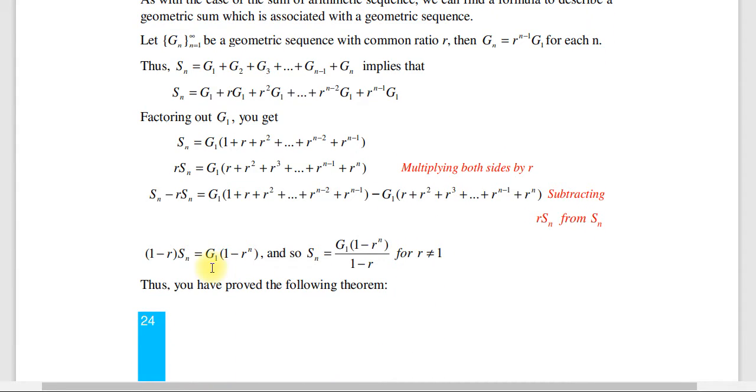So finally, we get 1 minus r times Sn, since Sn is common, Sn into 1 minus r, which is equal to G1 into 1 minus r to the power of n. And so Sn, dividing by 1 minus r, is equal to G1 into 1 minus r to the power of n over 1 minus r, for r different from 1.